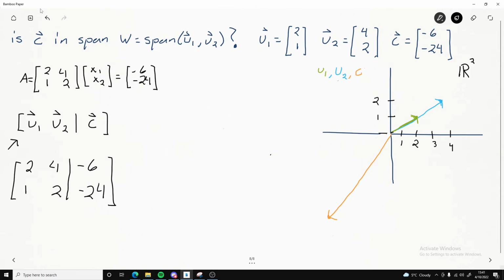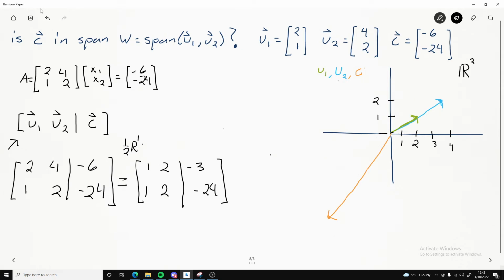So what we want to do here is we want to scale row 1. So we're going to do 1 over 2 row 1. And then this is going to give us 1, 2, and negative 3. And then we're going to write down the rest, 24, cool.